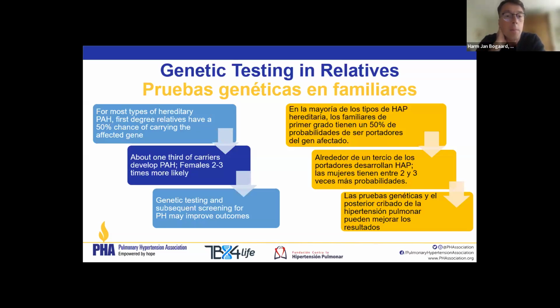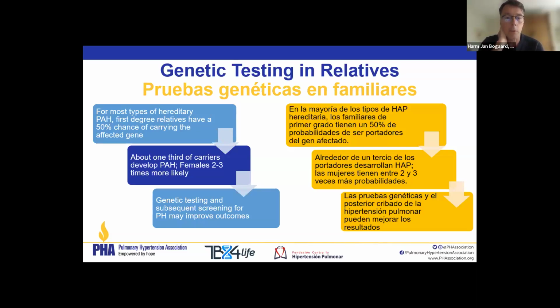But we know quite well from all the data in BMPR2 carriers, we know much less about other genetic variants, but we know pretty well in BMPR2 mutant carriers that the chance of developing disease is not at all 100%. It's only about 1 in 3 of the carriers that will go on to develop pulmonary arterial hypertension.